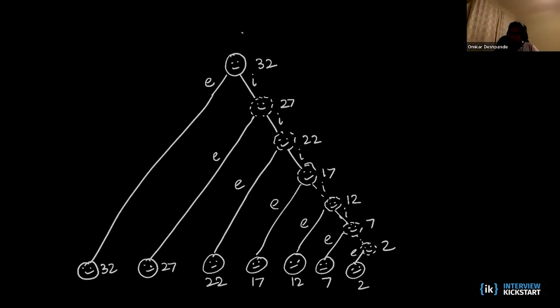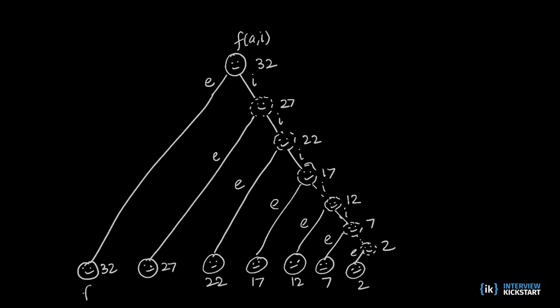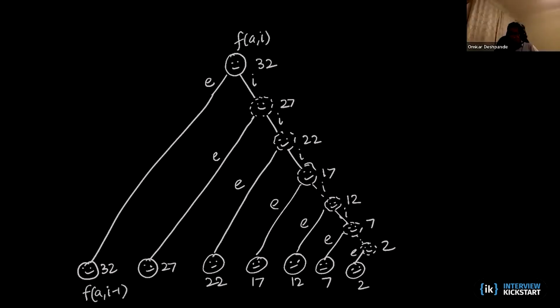So if I was f of a comma I, if that was my problem description here, the problem description here is f of a comma I minus 1 if I made an exclusion choice. If I made an inclusion choice, the problem description is f of a minus the ith coin value.